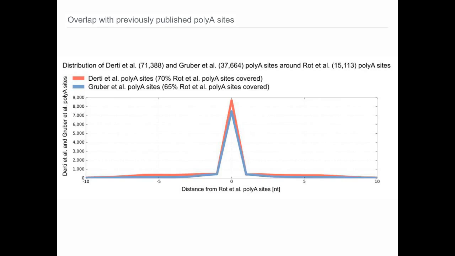What we do immediately here is we compare our polyadenylation database, or atlas, to 2 other studies by Doherty and Gruber, and you see that the coverage of the location of the polyA sites is strikingly similar. There is a little bit of change in a couple of nucleotides, because as I mentioned before, the cleavage is not a nucleotide-exact process, so you have to tolerate a little bit of change in this way.